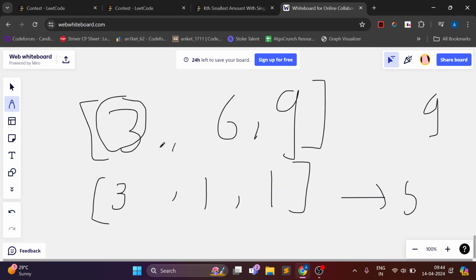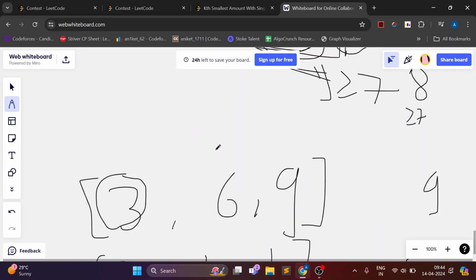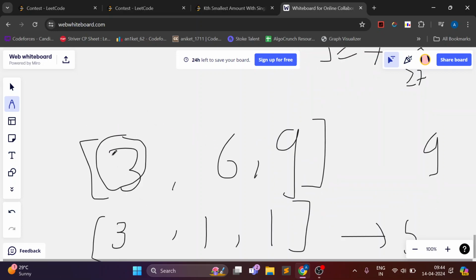There are overlapping multiples of 3 and 6, and also overlapping multiples of 3 and 9, because while calculating multiples of 3 we considered 3, 6, 9, and while calculating multiples of 6 we again considered 6, and here 9. So there is a repetition of multiples. Now how can we remove this?